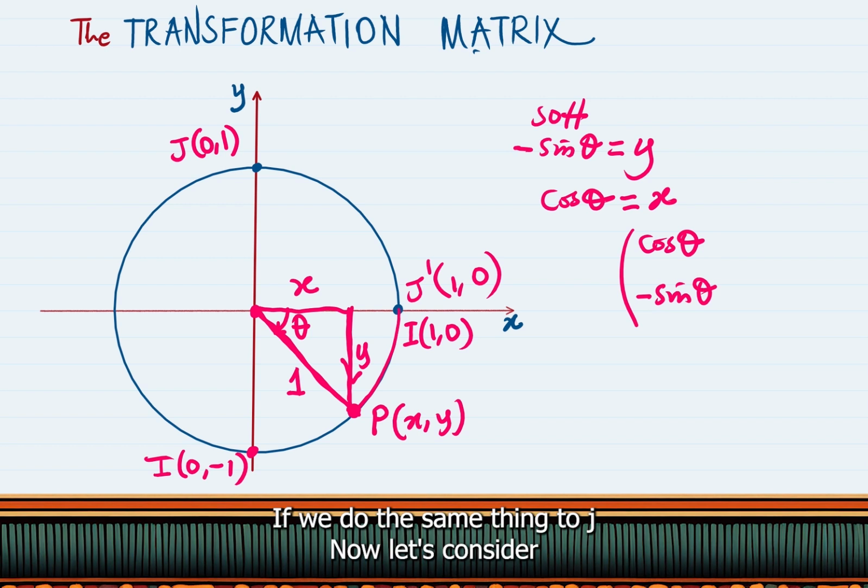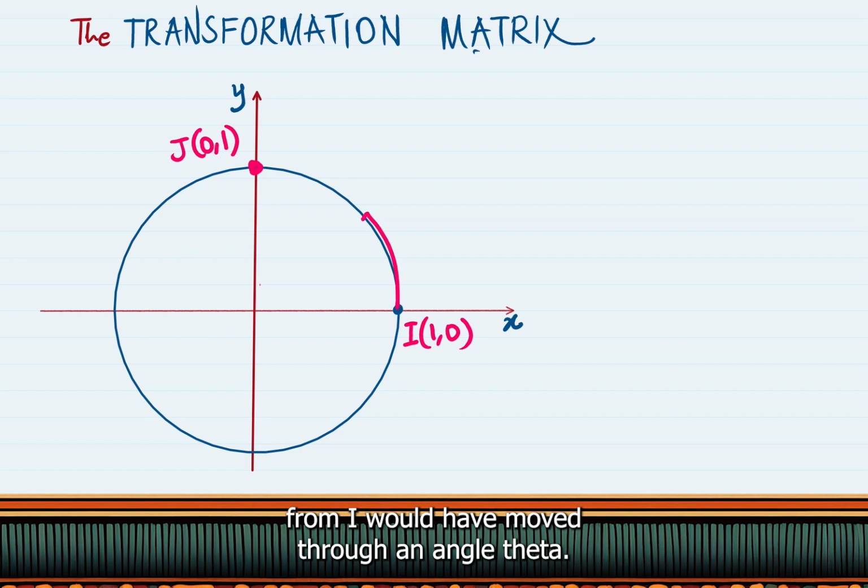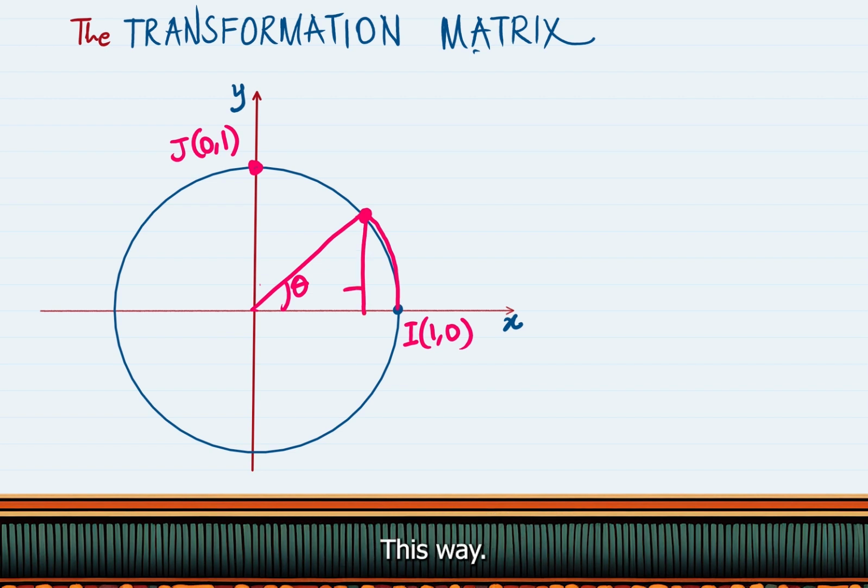If we do the same thing to j, now let's consider if we were to make an anti-clockwise rotation such that a new particle from i would have moved through an angle theta, and then we can form a right angle triangle this way. In that sense, this place here will be x and this is y.